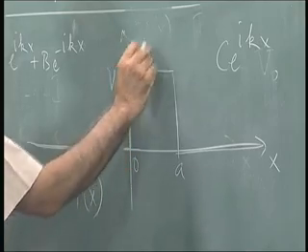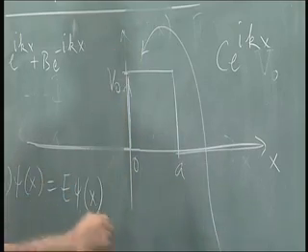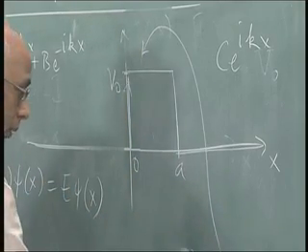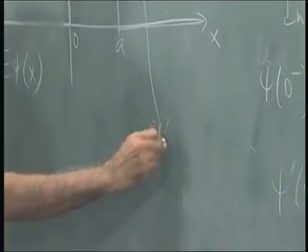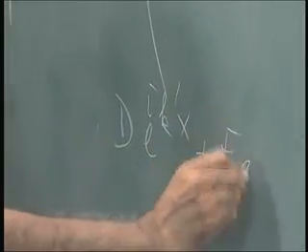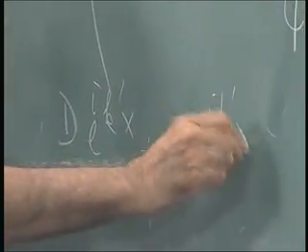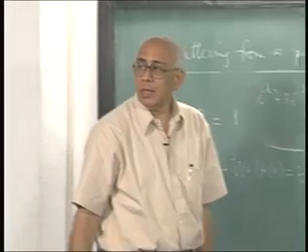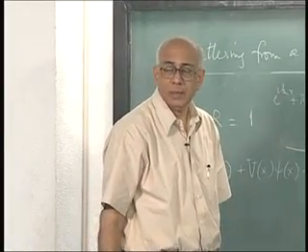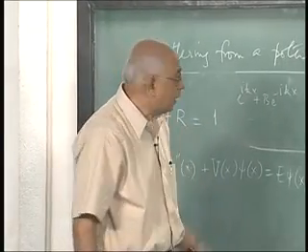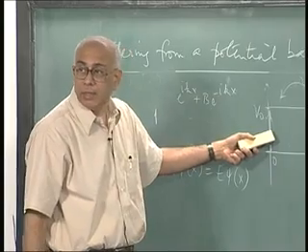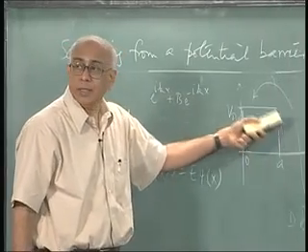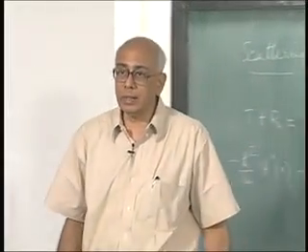In this region, in region 2, it would be of the form some d e to the ik'x plus e to the minus ik'x. There is no reason why you can't have both out there. It would be a superposition, and then you would equate the wave function and its derivative here, and the wave function and its derivative there on that side, and that is how you determine these constants.